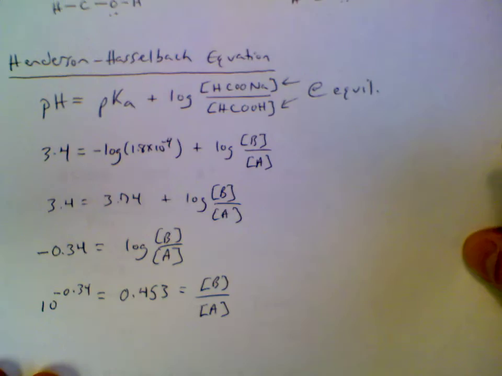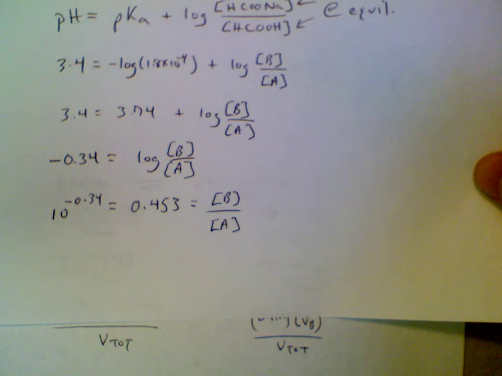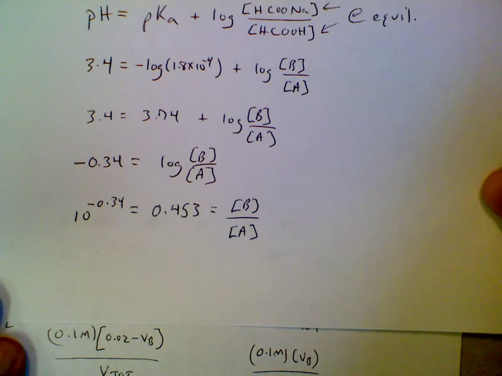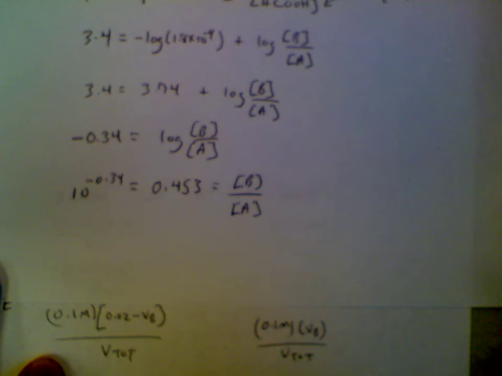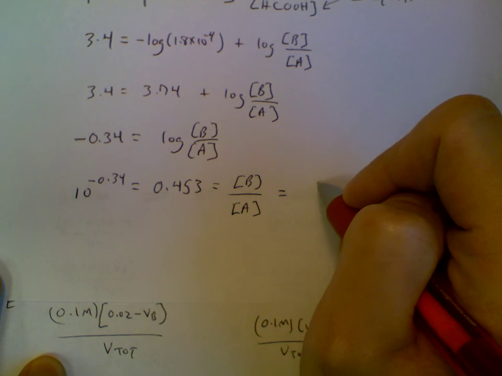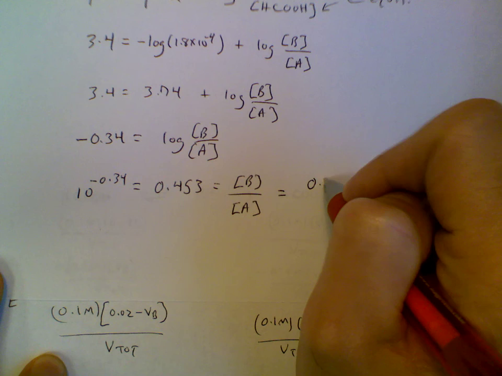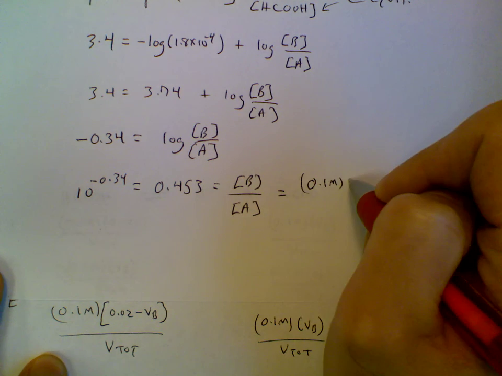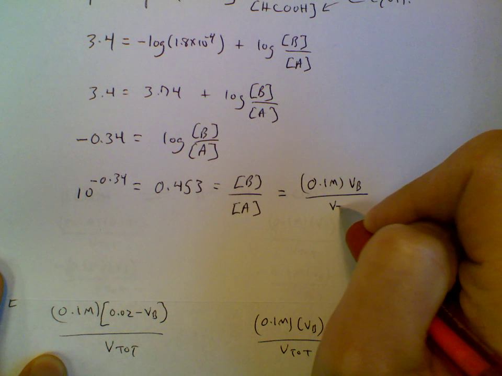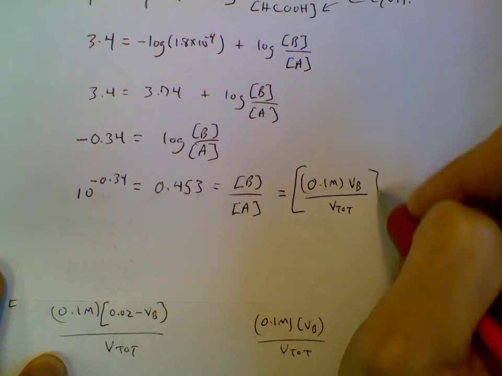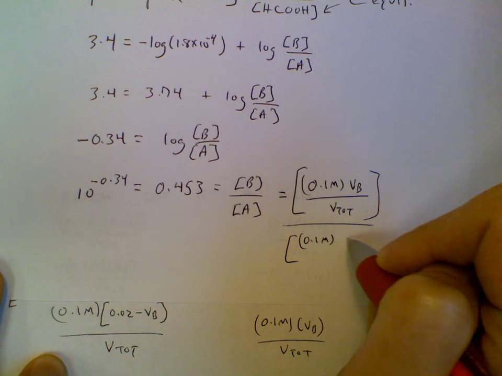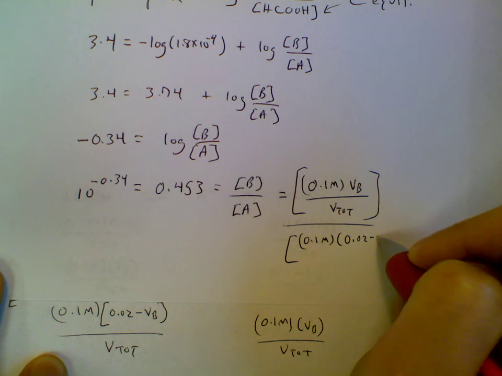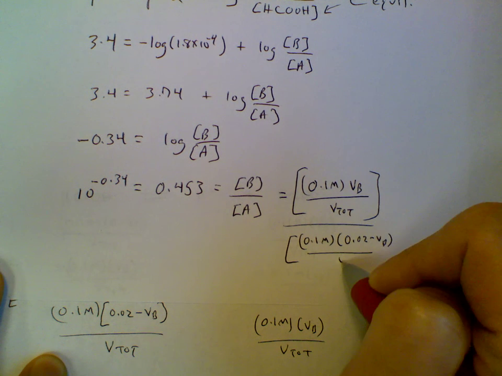So going back to this, we're going to plug these numbers in that we just got for the base and the acid. And we'll see that it's going to be 0.1 molar VB over V total divided by 0.1 molar times 0.02 minus VB over V total.